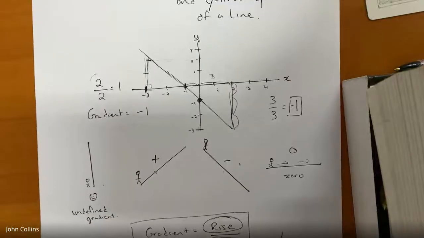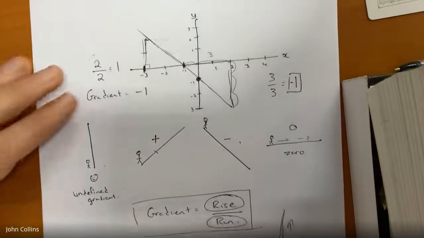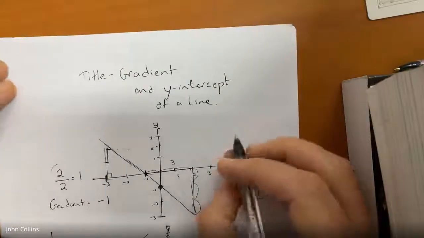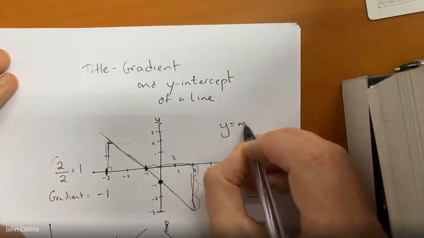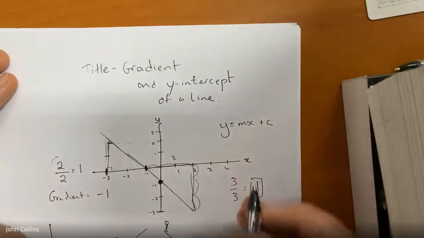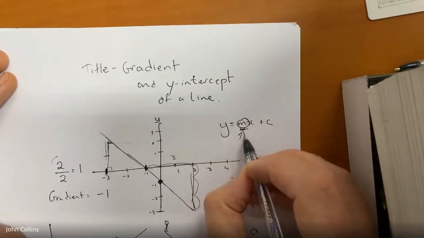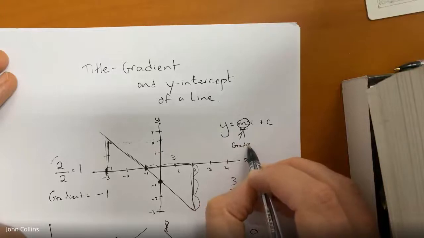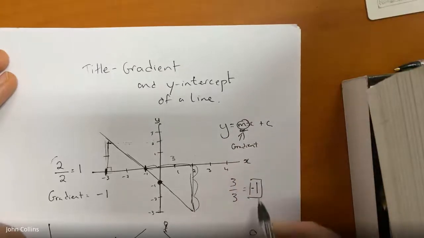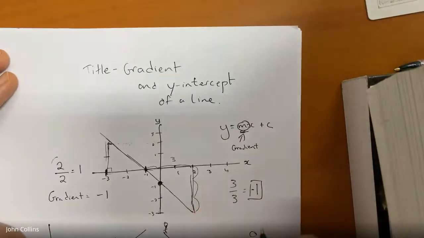And then you'll also have to use what we did on Friday, the y is equal to mx plus c. Now, if you remember that, the gradient was the letter in front of the x. That's the gradient. In this case, it would be minus 1. So I could write that if I wanted.